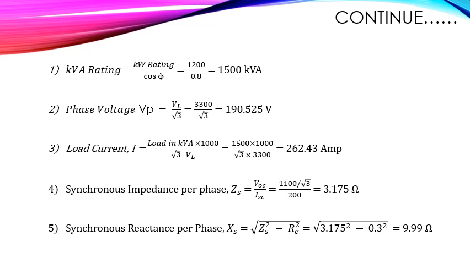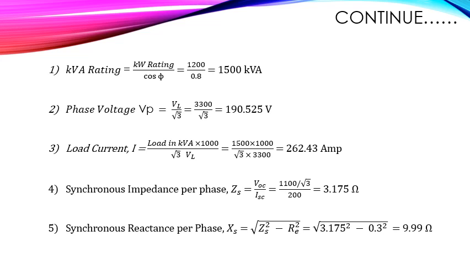So kVA rating is equal to kilowatt rating divided by cos phi. Cos phi is given, that is 0.8. So the kVA rating is 1500 kVA. Then phase voltage: just put the line voltage of 3300 volt, and we get the phase voltage of 1905.25 volts. Then load current.